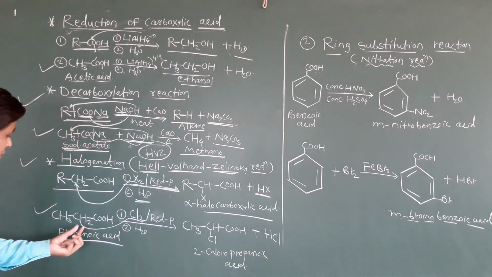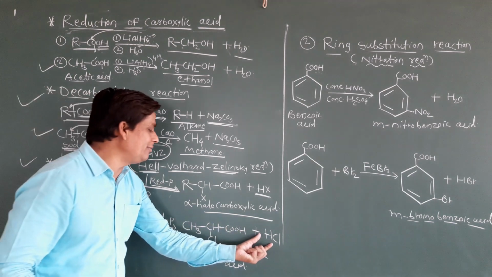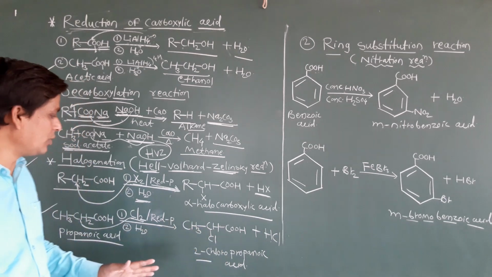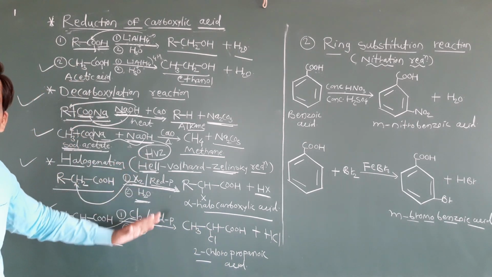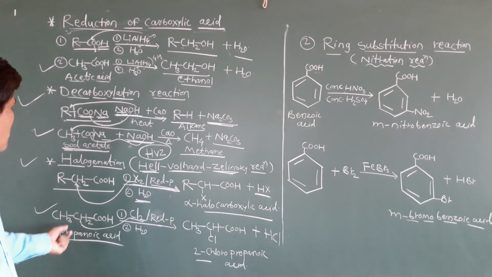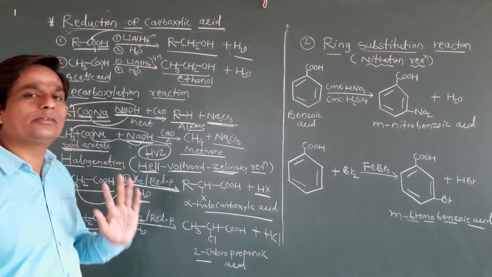Now clear students, how will HCl be removed? When a halogen is attached to the CH2, hydrogen is obviously removed, and that removed hydrogen and the Cl, HCl, will be removed. Simply here we will get 2-chloropropanoic acid. Okay students, so this is what the HVZ reaction is. You can practice another example. Take the same type of carboxylic acid. So this is the condition in the HVZ reaction.